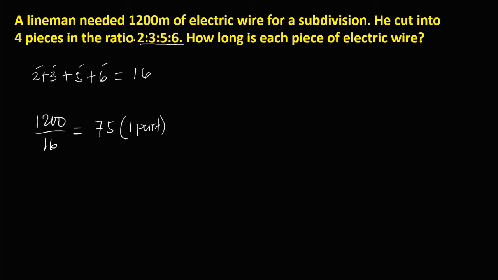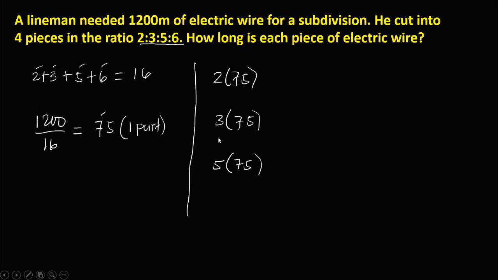So to solve now the length of every ratio, for 2 times this 75, then 3 times 75, then 5 times 75, and for 6, also times 75. So these are now the length for every wire.